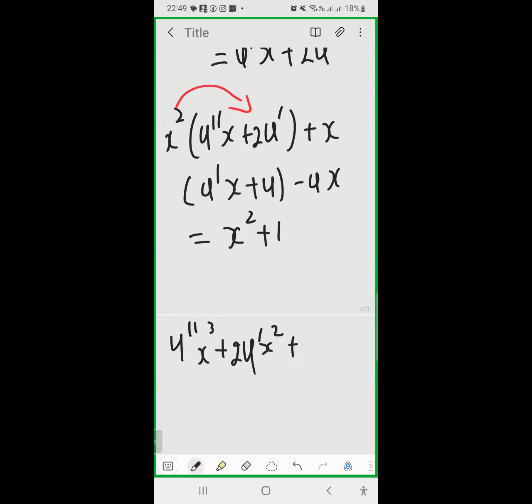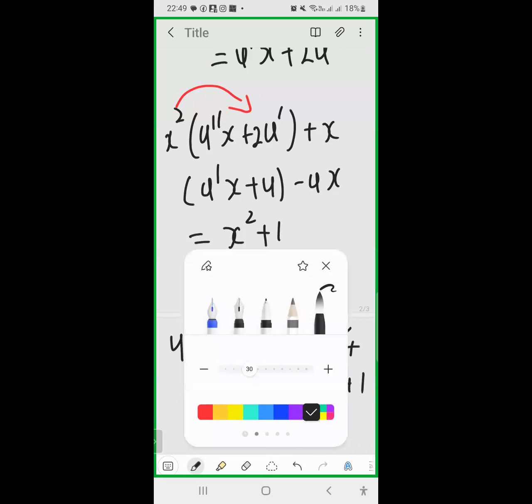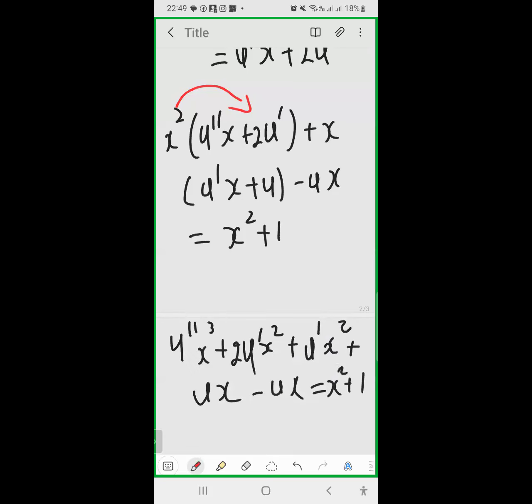So this will be u prime x squared, and then plus u multiplied by x, and then minus u multiplied by x will be equal to x squared plus 1. And then these are like terms, they will cancel.